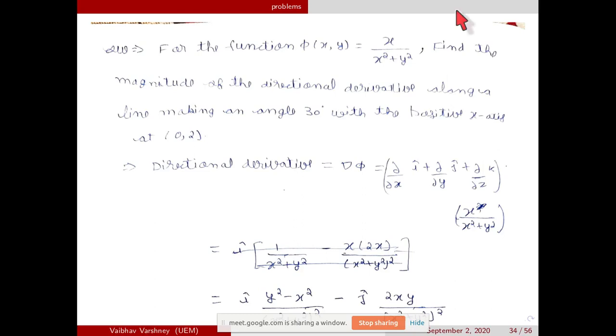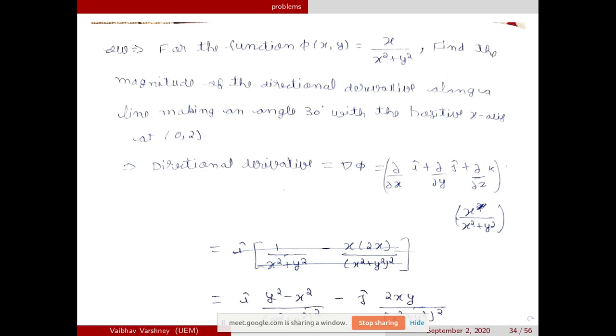See, when you are doing the derivative of x upon x square plus y square with respect to x, the first term is v as it is into the derivative of u. So v is x square plus y square, as it is, into the derivative of x, which is 1, minus then x as it is and the derivative of x square plus y square, that is 2x, upon x square plus y square whole square.